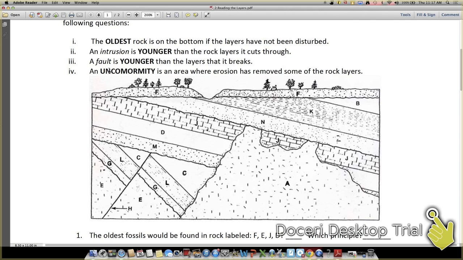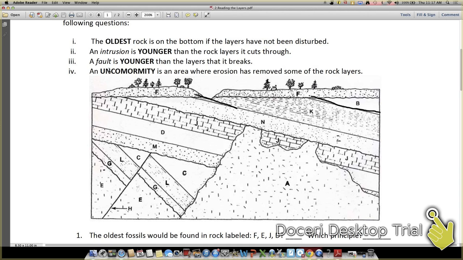So, when we look at this picture, really quickly before we go on with interpreting it, notice how these layers have flat surfaces. Do we see that?